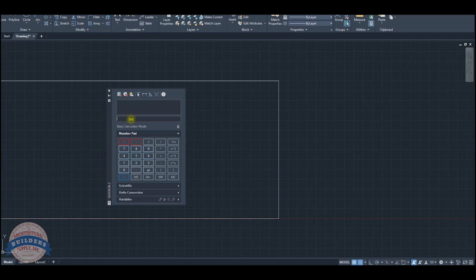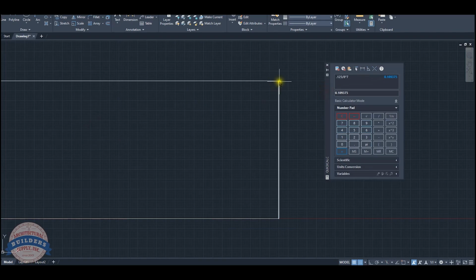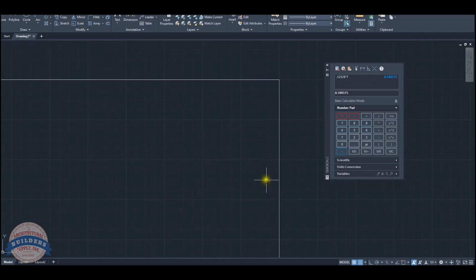So 1/8 of an inch divided by 8 times 7 gives us 0.109375. That basically means that from here over to where that slope is going to intersect, it needs to be 0.109375.